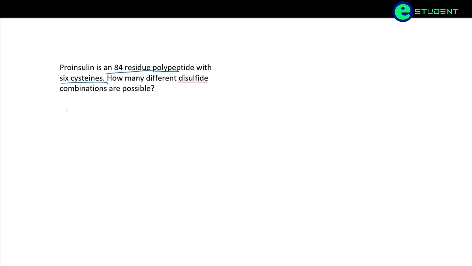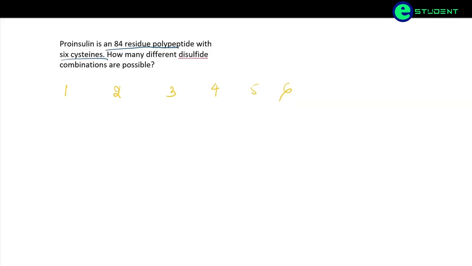How many are there? 1, 2, 3, 4, 5 and 6 cysteines are there. So how many are possible here? Here 1 can bond with 2, 1 can bond with 3, with 4, with 5, with 6.